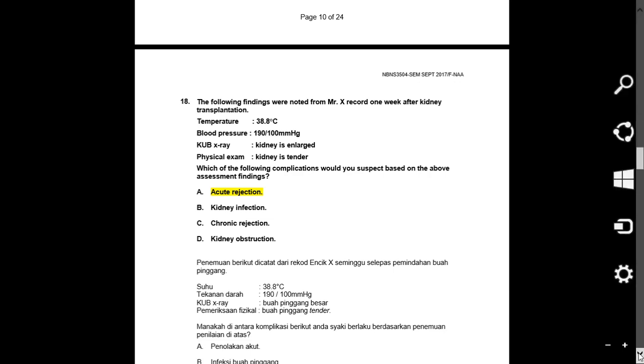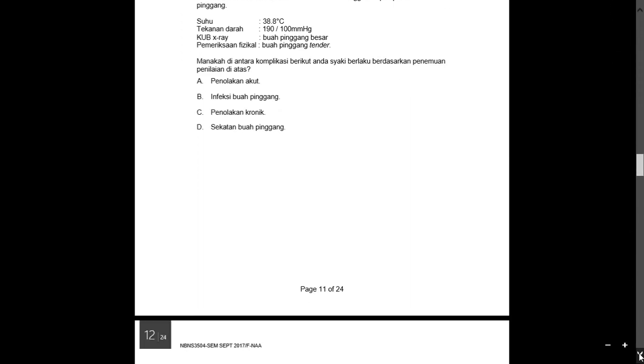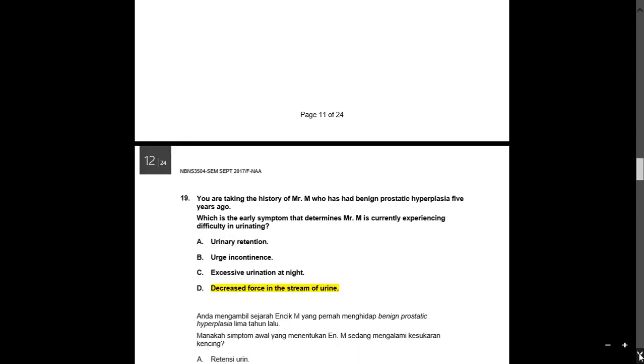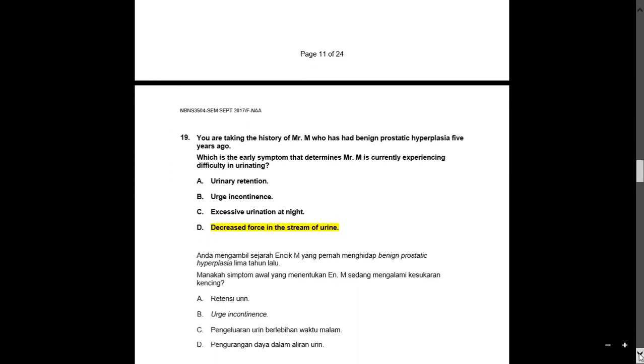Then question number 19. You are taking the history of Mr. M, who has had benign prostatic hyperplasia 5 years ago. Which is the early symptom that determines Mr. M is currently experiencing difficulty in urinating?